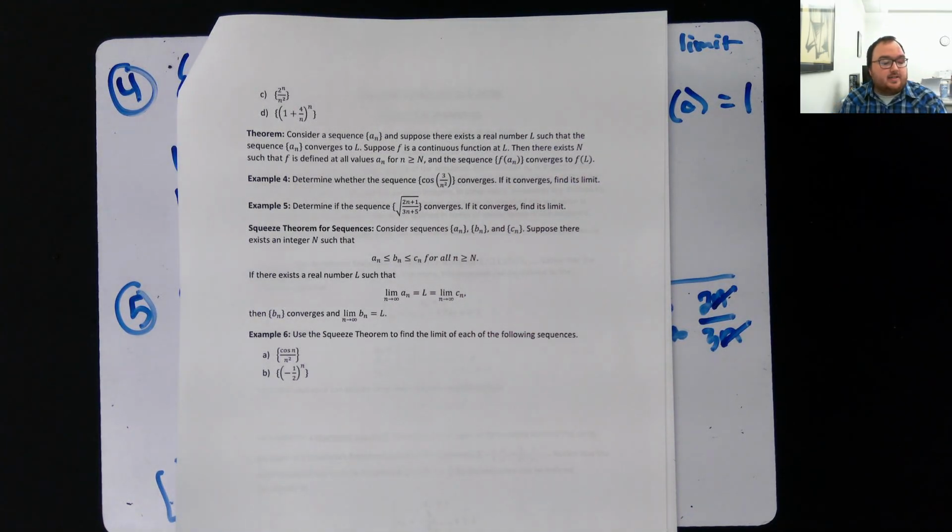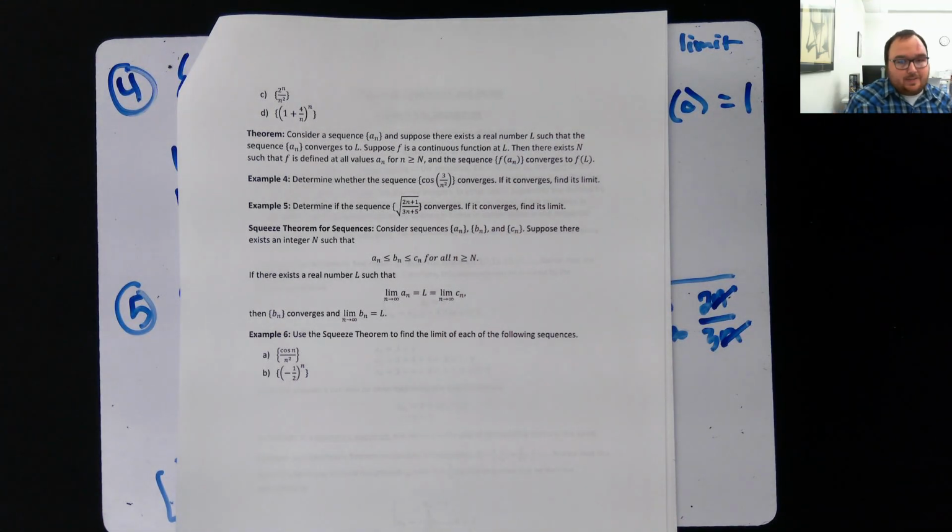Suppose there exists some big N such that a_n is less than or equal to b_n, which is less than or equal to c_n, for all n greater than or equal to that big N. If there exists a real number L such that the limit of a_n is equal to L and so is the limit of c_n, then b_n must converge to L.